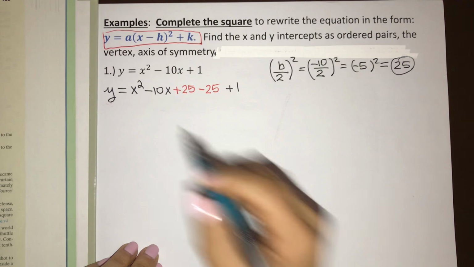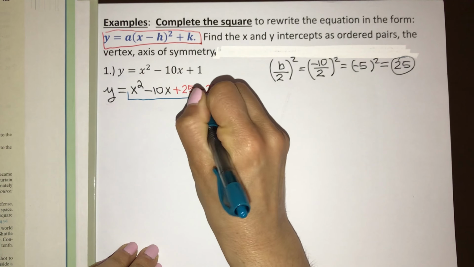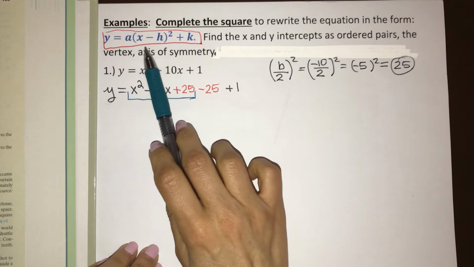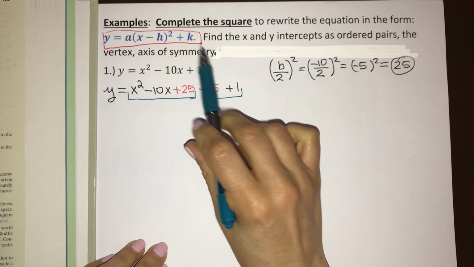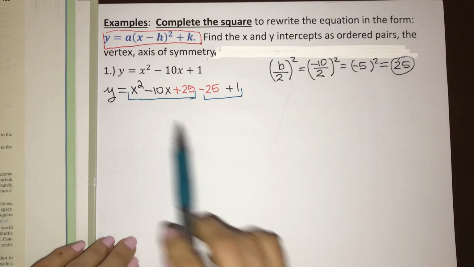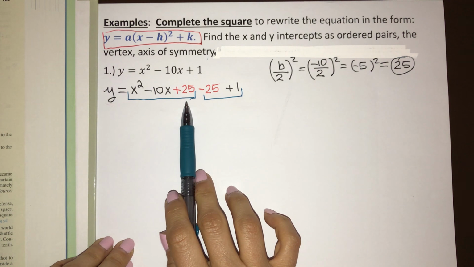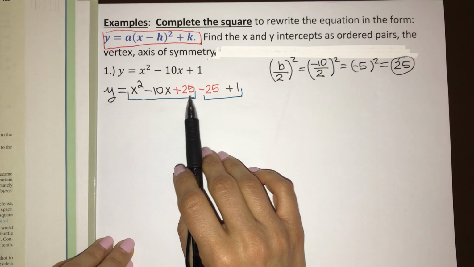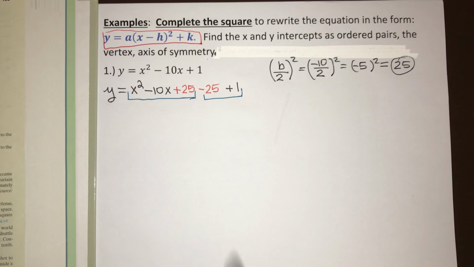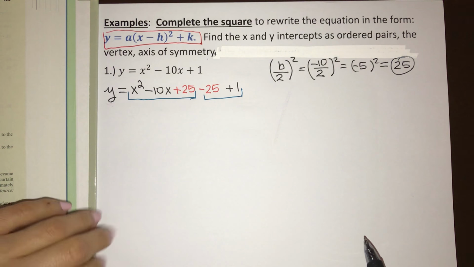So what's going to happen is that these three terms correspond to the part that's squared, and these two correspond to the k term. So we need to factor these. Make sure you understand that you need to write plus first, minus second. Don't flip it around because then you won't be able to factor.